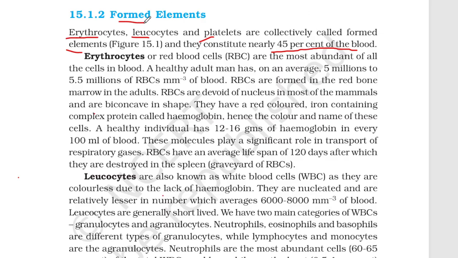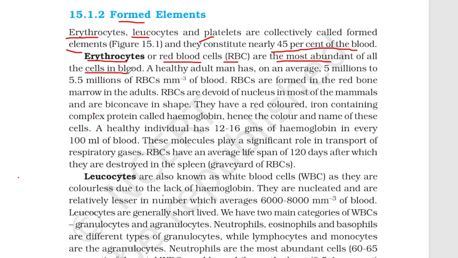Now in that, the first one is the erythrocytes, which is also called red blood cells or RBC. Red blood cells, or RBCs, are the most abundant of all the cells in blood. If we compare leukocytes and erythrocytes, or erythrocytes and platelets, erythrocytes are the most abundant cells found in blood.